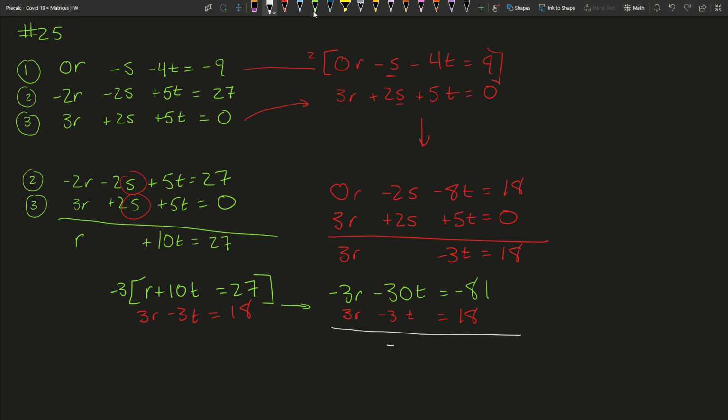So we get negative 33t, and then negative 18 plus, negative 81 plus 18. And we did something just a little bit wrong here.